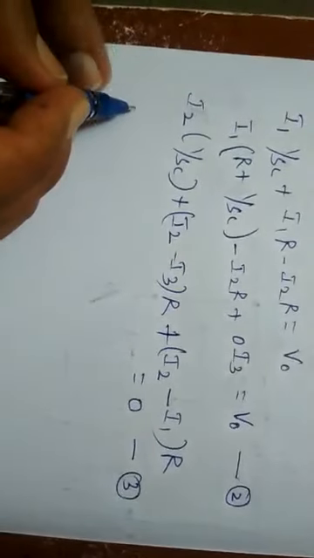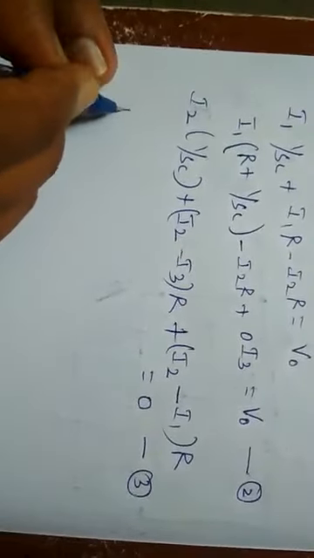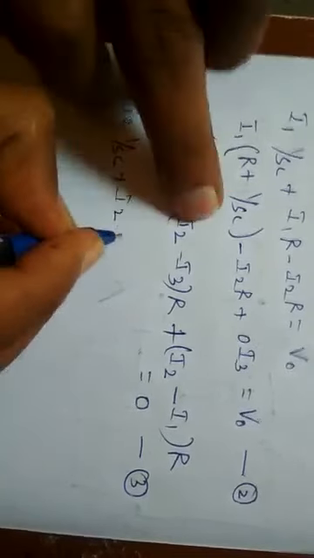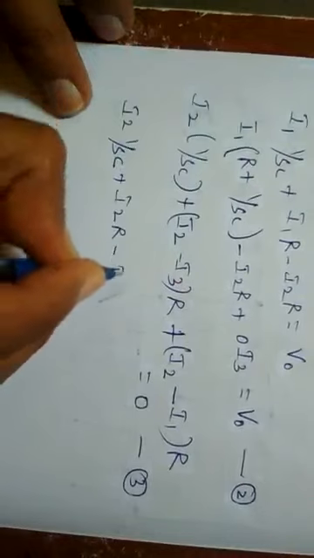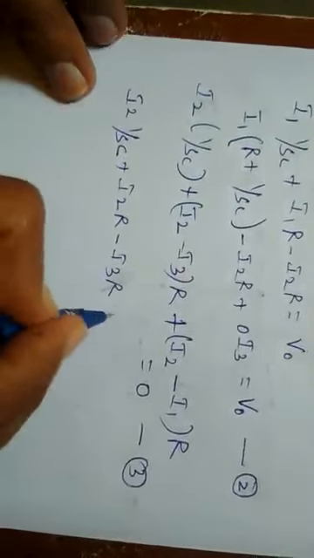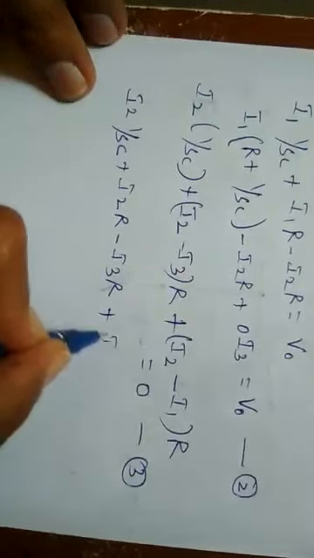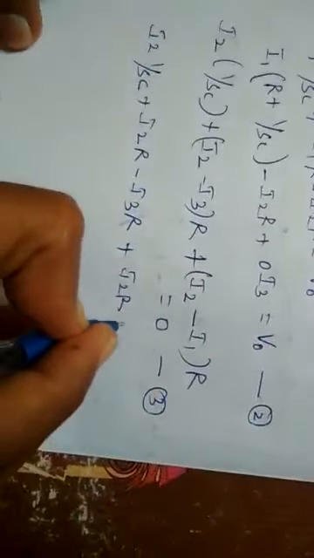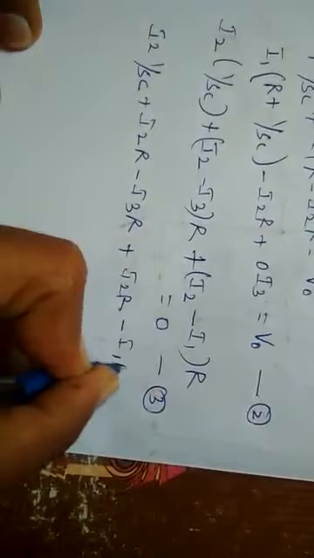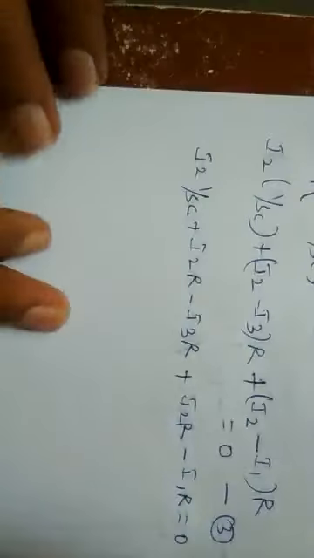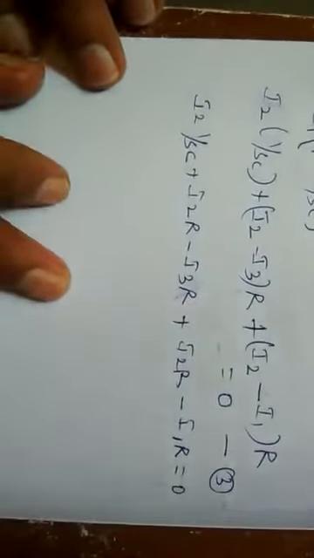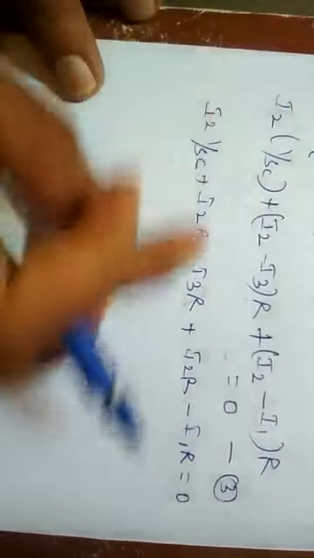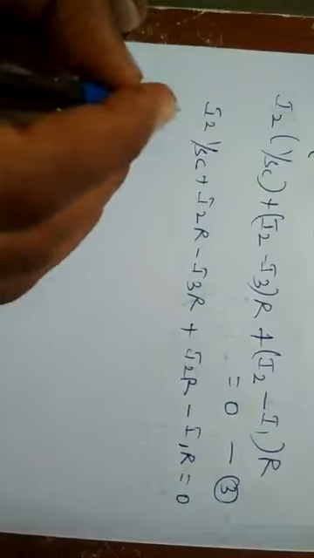So we can expand this. I2 into 1 by SC plus I2 into R minus I3 into R plus I2 into R and minus I1 into R equal to 0. And we can separate and write this equation in order.